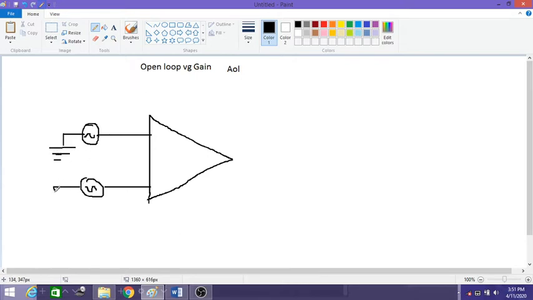For example, let us take this case where these are V1 and V2. We connect two different sinusoidal voltage sources. This is the inverting and this is the non-inverting terminal. The input here has 0° phase shift and this one 180° phase shift. This is the double-ended differential mode case.